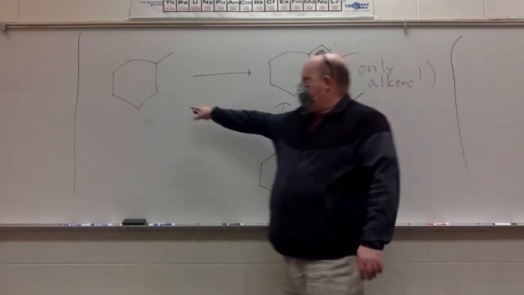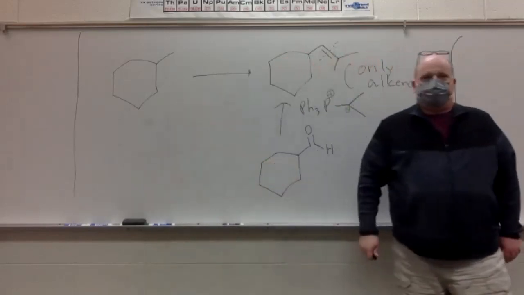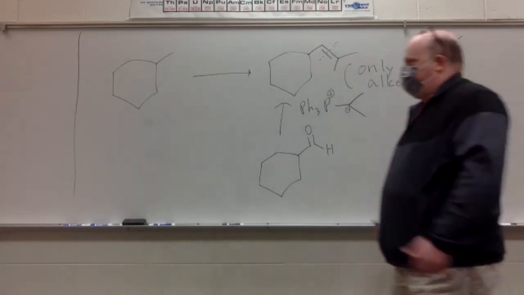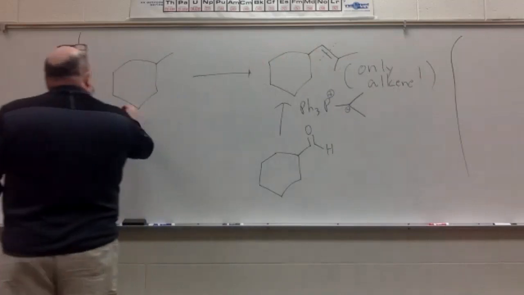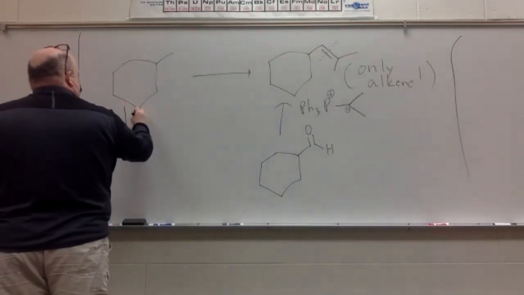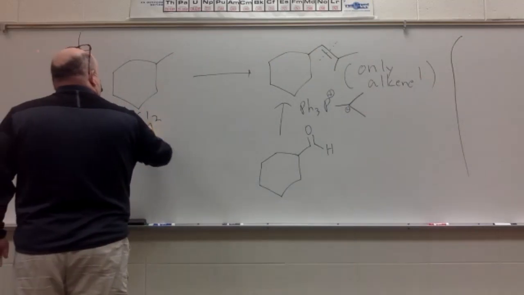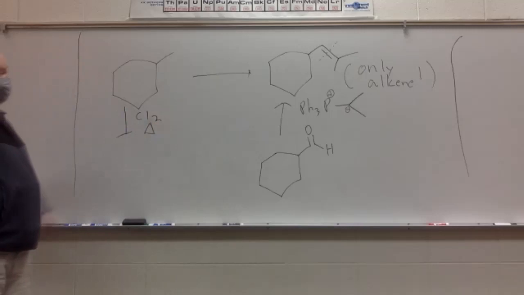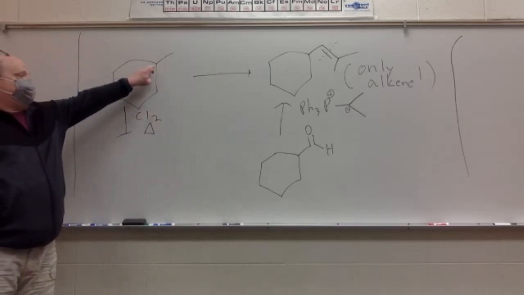Now, getting from here to here should be really easy, considering we just did it. Same thing, yeah. Well, almost the same thing. Actually, no, yeah, you would do the same thing. You definitely would want to do a chlorination, because if you did a bromination, it would be selective and only go there.